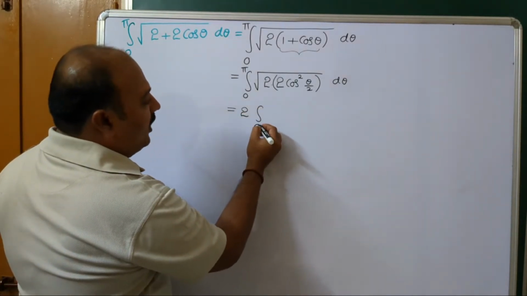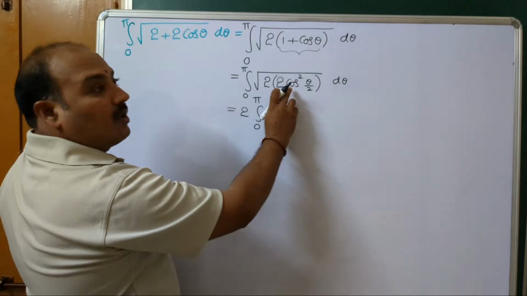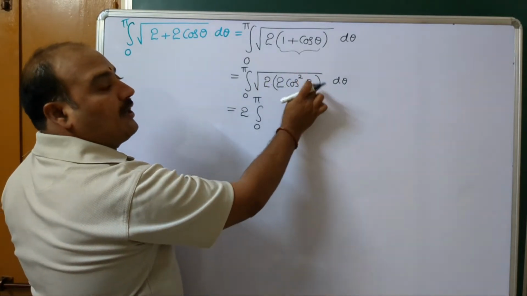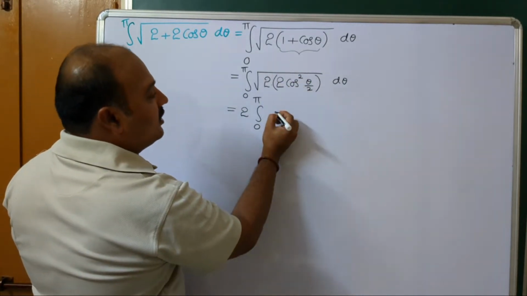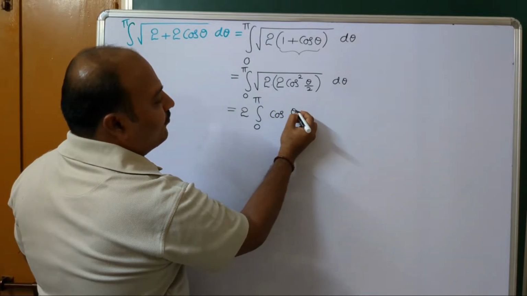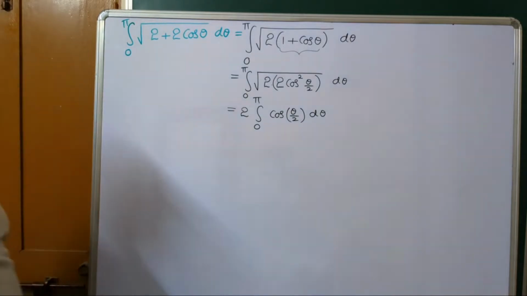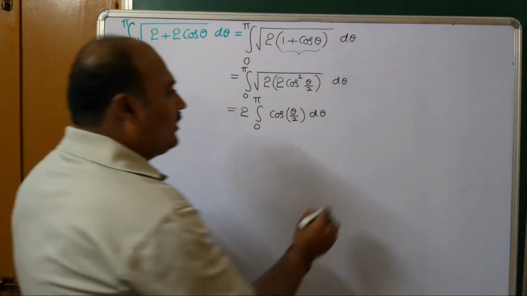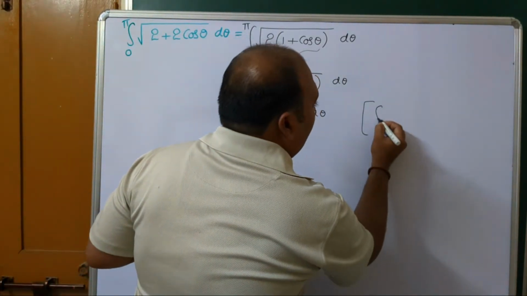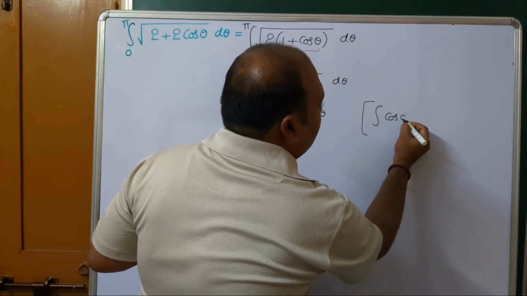Integral 0 to pi root of cos square theta by 2; root and square cancel, giving cos theta by 2 d theta. We know the formula for integral cos ax dx.